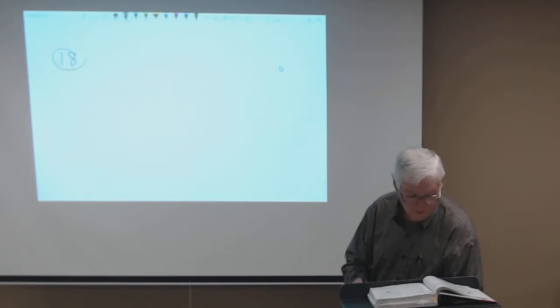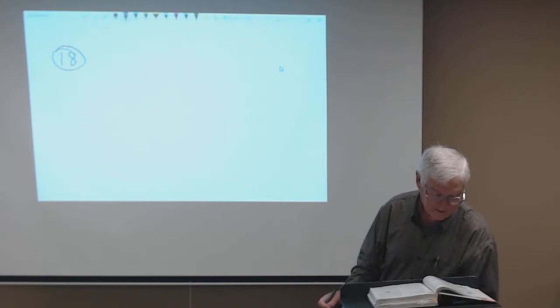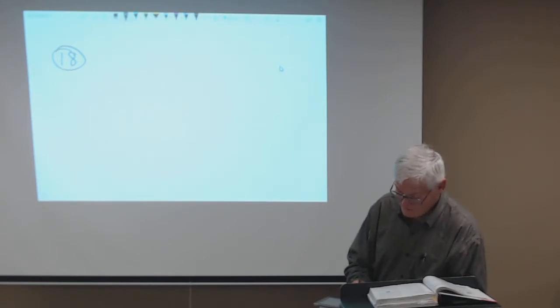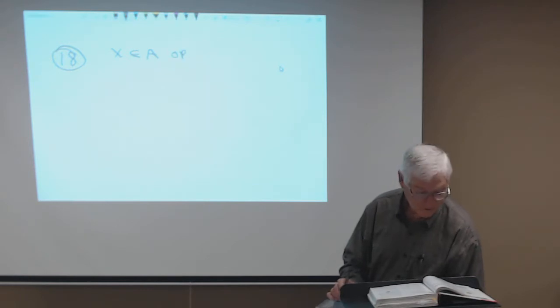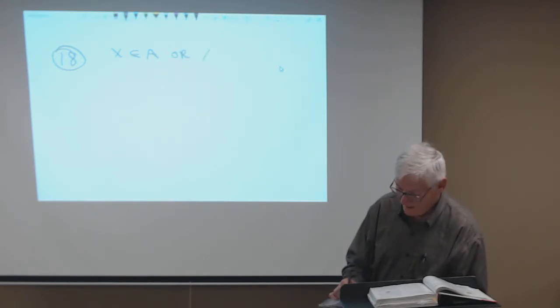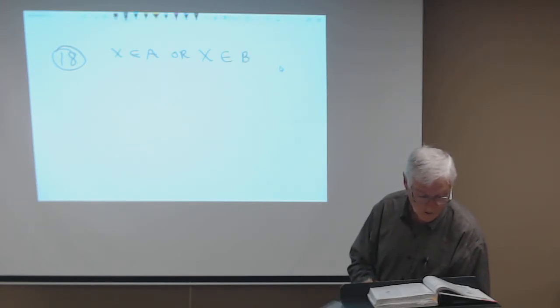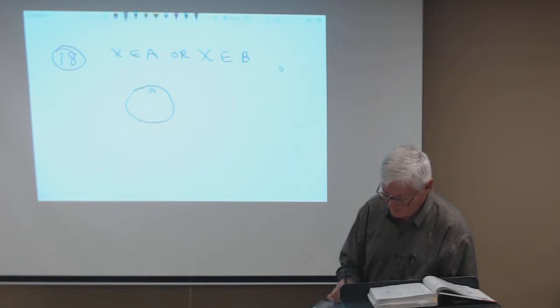Number 18. Draw a Venn diagram to illustrate each specific set. I want X to be an element of A, or an element of B. So here's A, here's B, here's my universe.